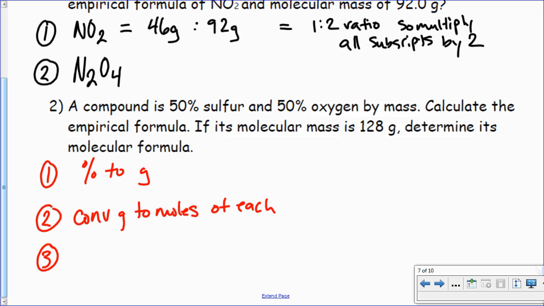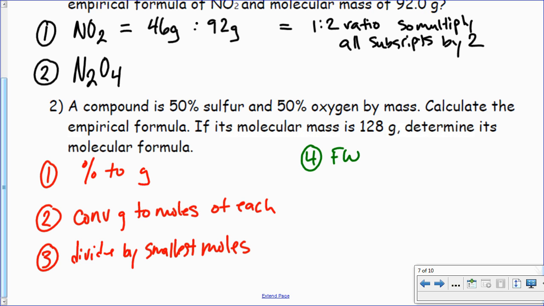Third step, you divide by the smallest moles. That gets us to the empirical formula. Then you're going to have to find the formula weight of the empirical formula.